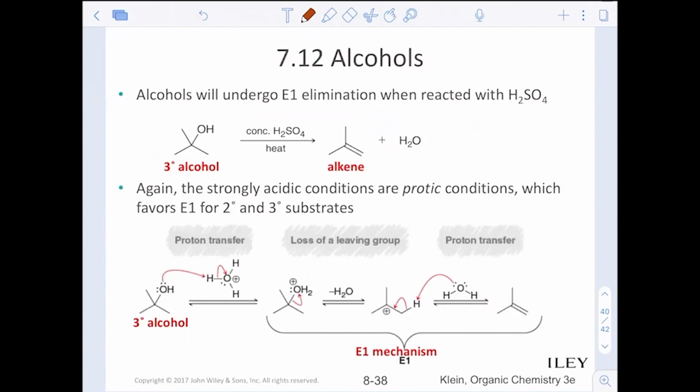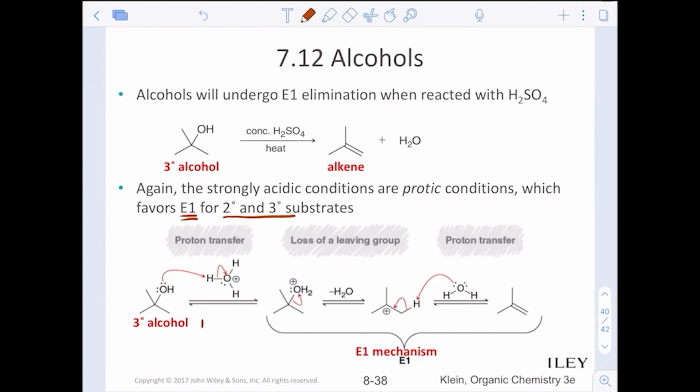Alcohols can also undergo elimination. We will use, again, strongly acidic conditions. This will get our alcohol to be a better leaving group. H2O is a much better leaving group. So here, starting with an example that is a tertiary alcohol, we see that tertiaries, just like our secondaries, undergo E1 reactions.